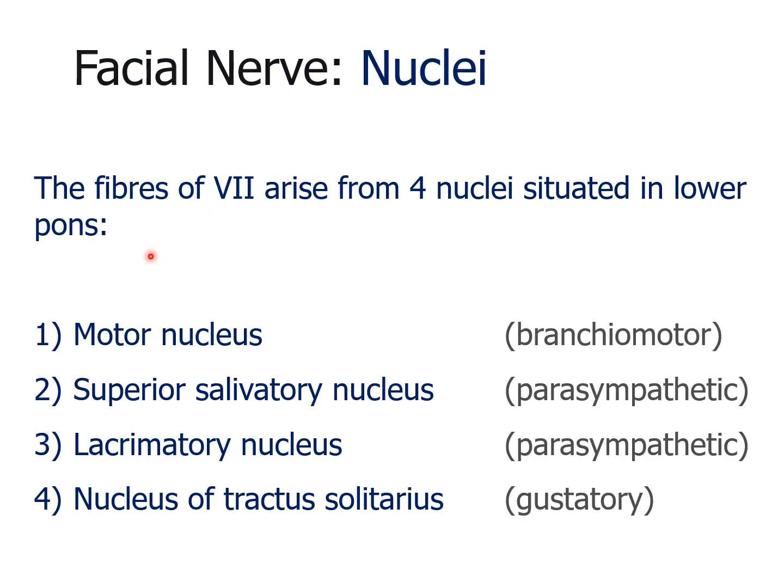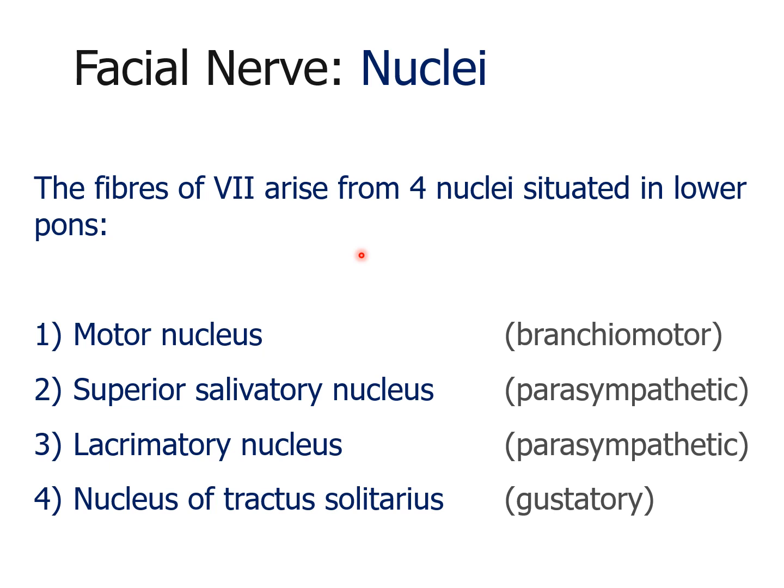Inside the brain, the fibers of the facial nerve arise from four nuclei which are located in the brainstem in the lower pons. When we say nucleus of a facial nerve, it means the cell bodies of the nerve fibers inside the gray matter of the brain.